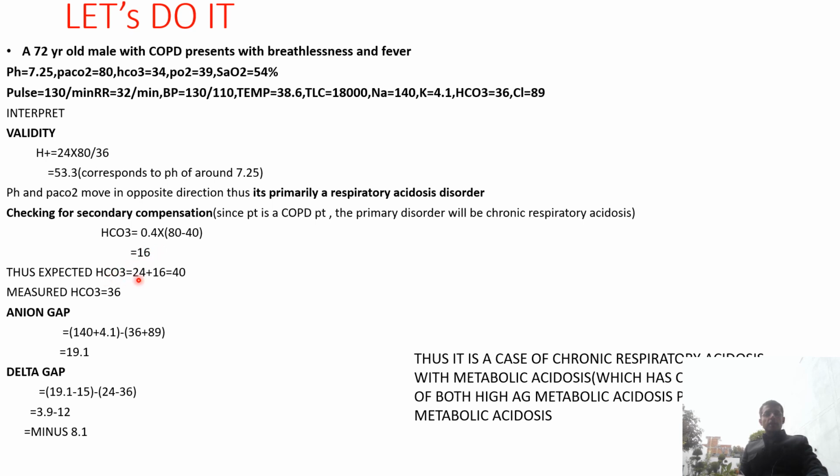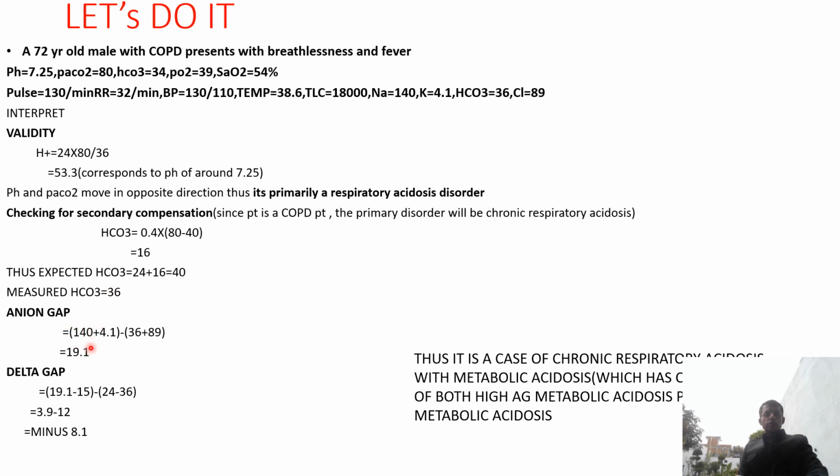So expected bicarbonate will be 24 plus 16, that is 40. And what is the actual bicarbonate? Actual bicarbonate is 34. So it's a bit of metabolic alkalosis also, 34 and 36. So both are going together. So it is basically a respiratory acidosis plus metabolic alkalosis going together.